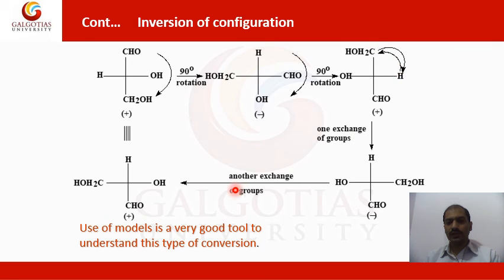Another exchange of groups. A model is a very good tool to understand this type of conversion. This kind of conversion can be seen by the rotation of the molecule. Rotation means, with respect to this, this is 90 degrees, and again this is another 90 degrees.